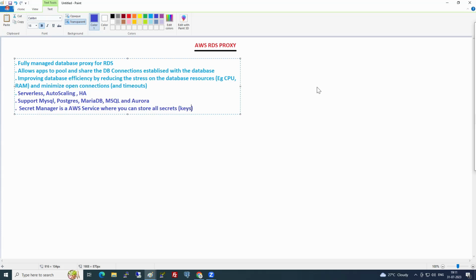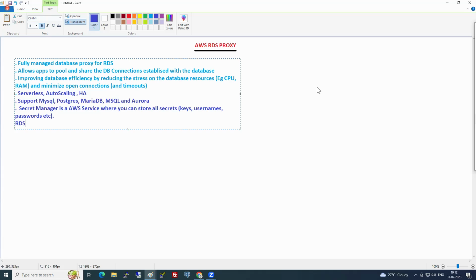You can store keys, usernames, passwords, etc. Let's say you are creating a DB engine now. You will give a username and password, no? There you can give them, or you can create the username and password in Secret Manager and retrieve it here. Yes, that is Secret Manager.